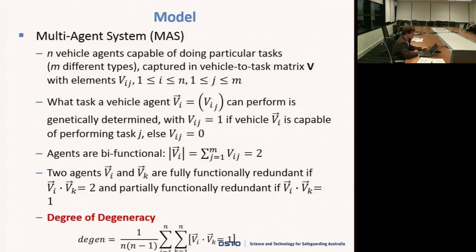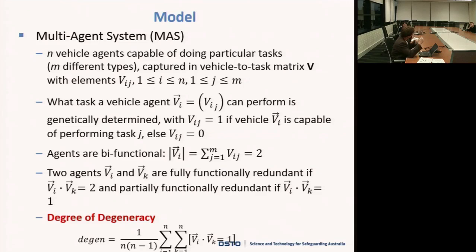We make all agents bifunctional, which means that in this vehicle vector there are only two 1s, and everyone has two 1s somewhere. And we now define what functionally redundant and partially functionally redundant mean. Fully functionally redundant agents are such that when you build the dot product of these vector representations, you get 2, so the vehicles can do the same tasks.